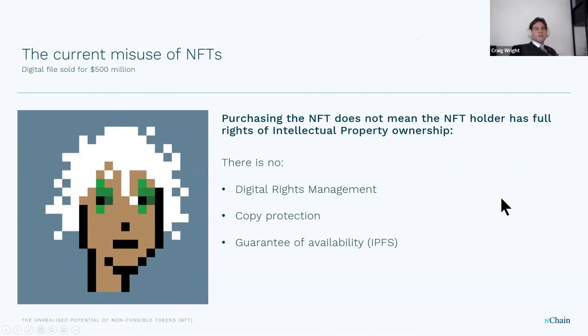It doesn't mean that you have any intellectual property. So if you don't have intellectual property, what are you really buying? If you're buying a string of numbers that give you no ability to resell something, that everyone and their dog can put up this ugly picture.